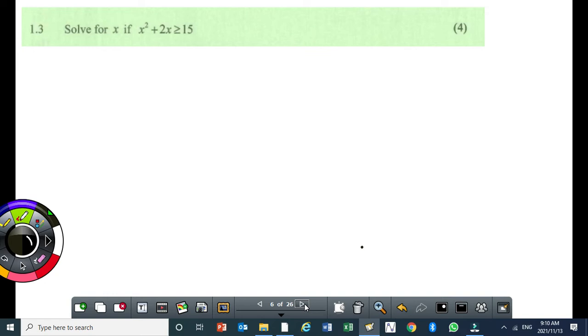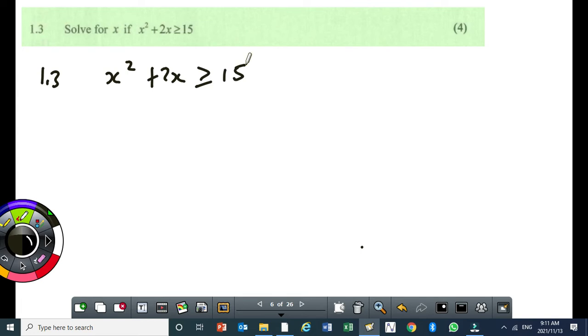Okay? So when you've got that inequality, first thing, if there is a constant on the right hand side of the inequality sign, take it to the left hand side. The first step here for this question is written as x squared plus 2x is greater than or equal to 15.